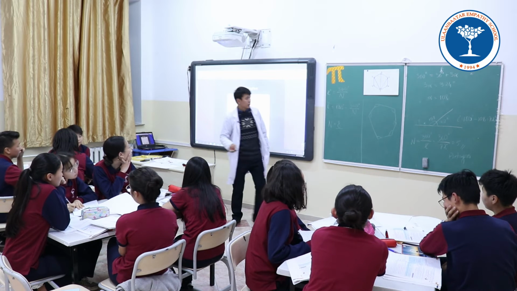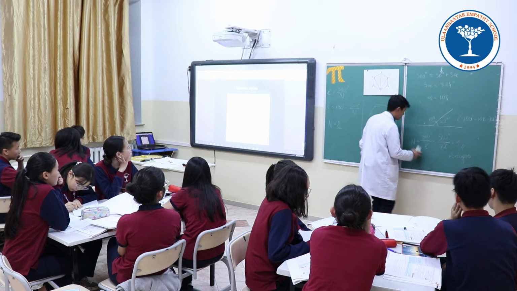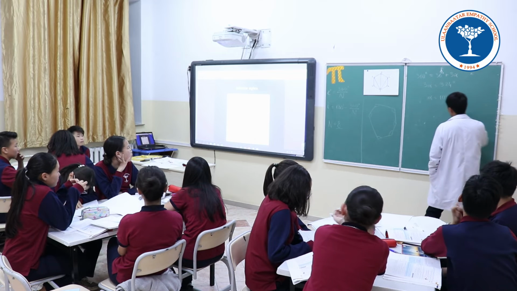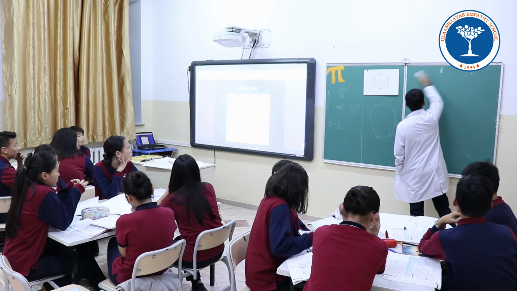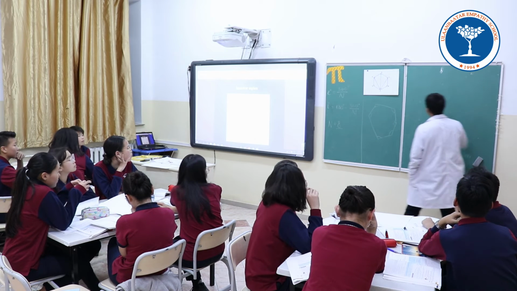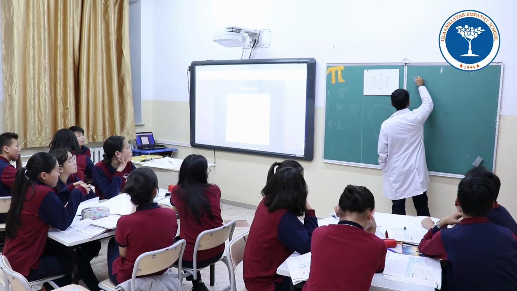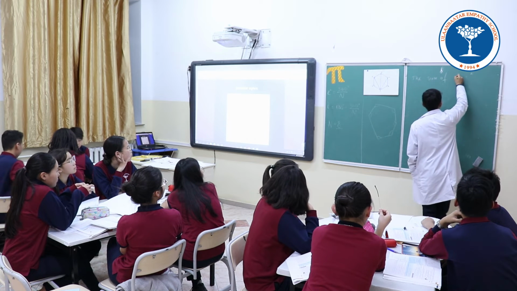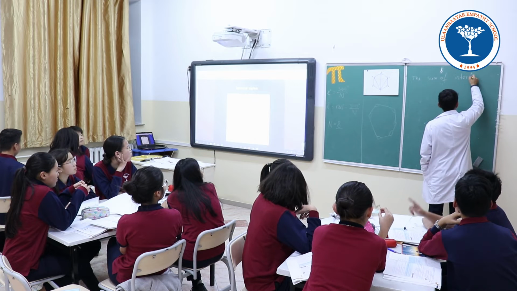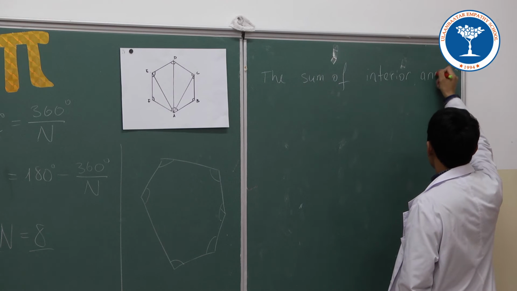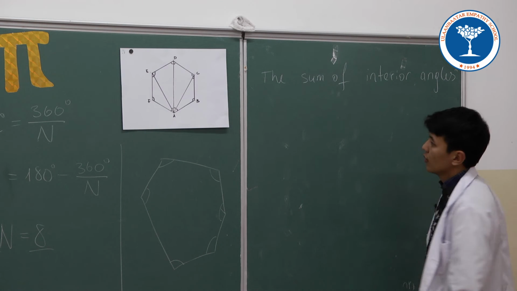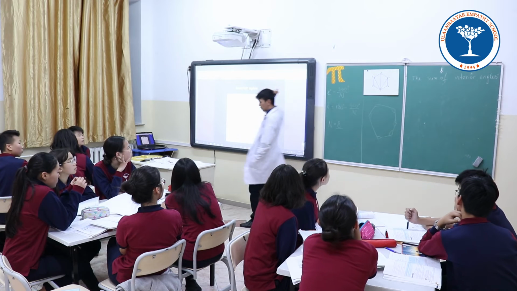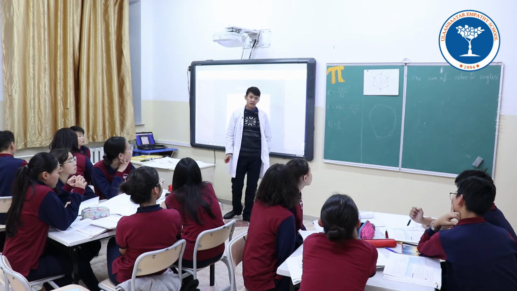Yeah, to find out the sum of the irregular polygon's interior angles, you just simply divide this polygon into triangles.